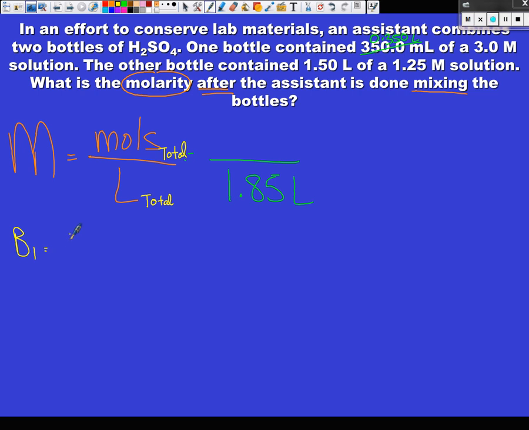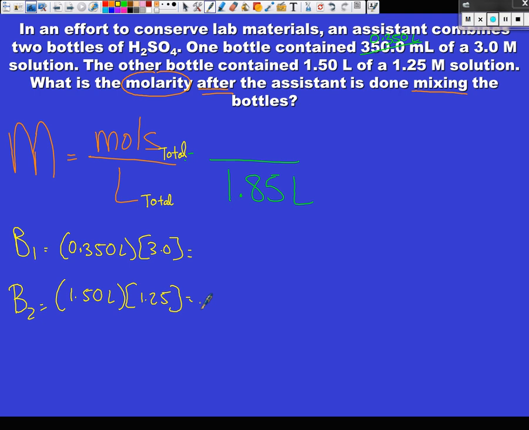So we would say it is 0.350 liters times 3. And then bottle 2 is 1.5 liters times 1.25 molar. And then when I get those numbers, what do I do with them? I add them up. Does that make sense?